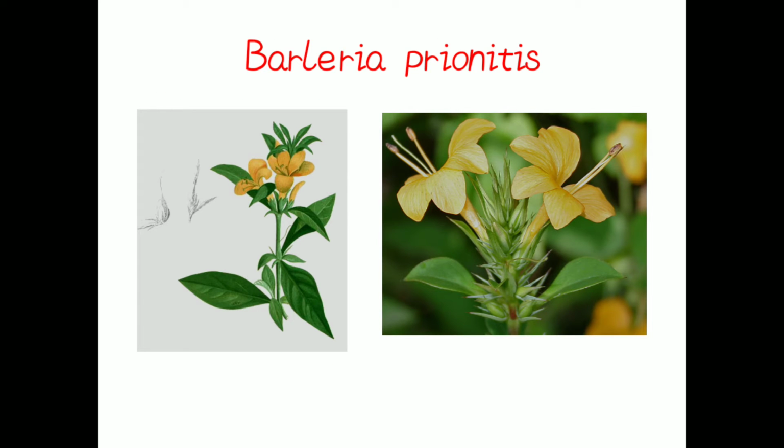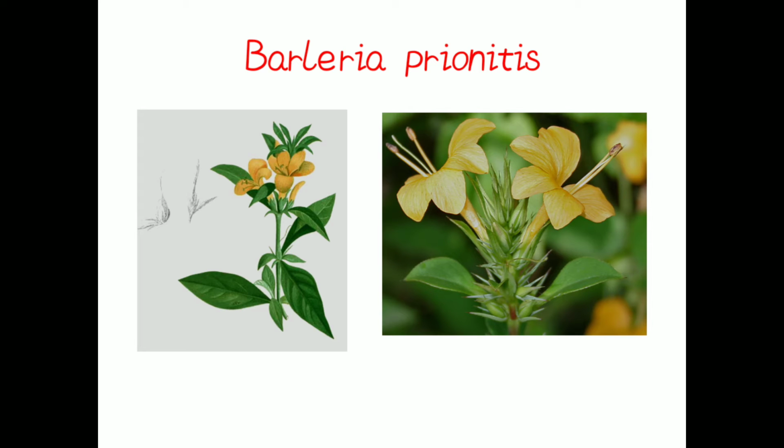Now let us discuss and observe the plant which is included under the family Acanthaceae. So this is Barleria prionitis, showing yellow colored flowers.